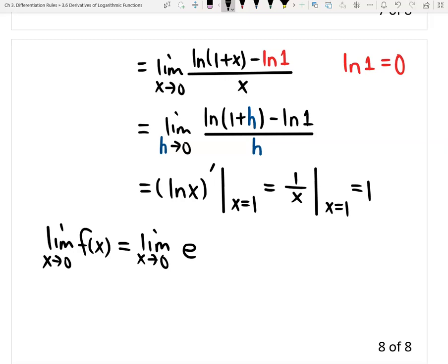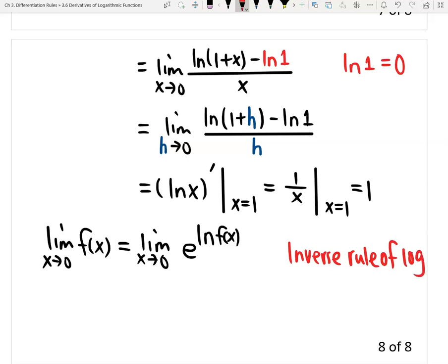Put the base e, and then the power is ln of f(x). Do you remember the name? Since e is the same base, we cancel everything. We call it the inverse rule of logarithm.